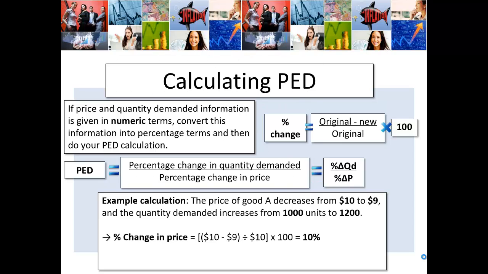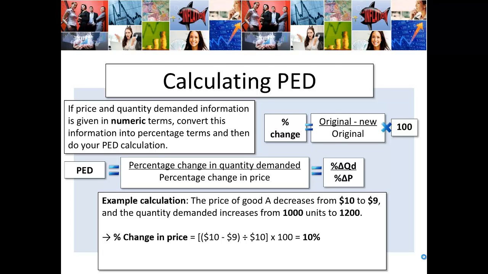So the percentage change of price, 10 minus 9 divided by 10. Remember, the percentage change formula is new minus old divided by the old, or new minus original over the original, times by 100, because it is a percentage.